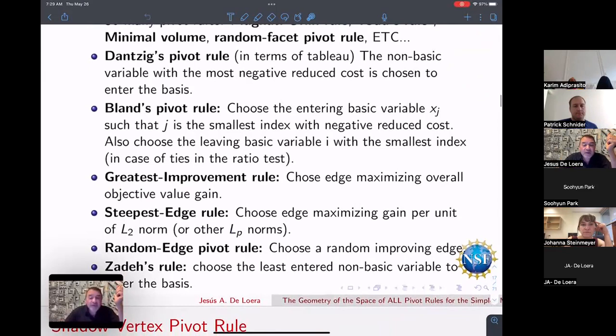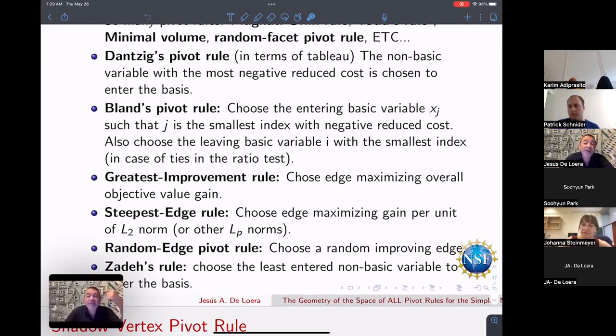One of the most famous ones is the steepest edge pivot rule, and that's my favorite. You will see why in a moment. Because there, instead of just being very greedy and choosing the one that gives you the most improvement, don't do that. Choose the one that gives you the most improvement divided by the length of the edge. So you try to take into account whether the edge is very long.